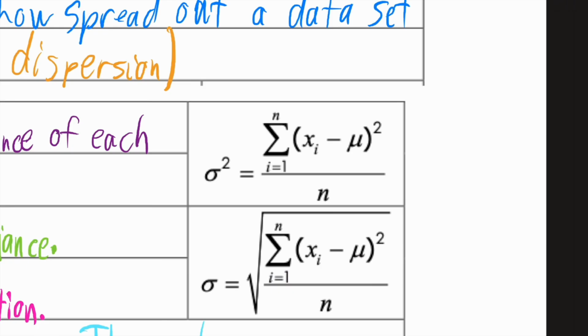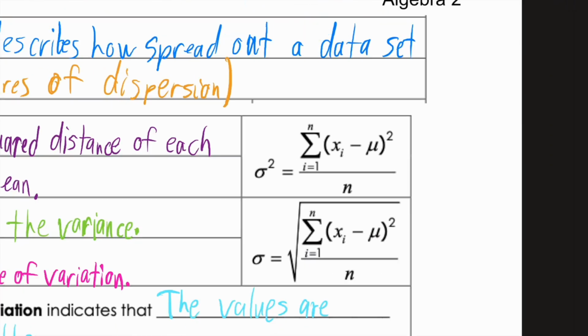And so what you do is you take your mean, that was the mu, or the x bar is the same thing, and you take your individual value, whatever your individual value is, so x sub i or x sub 1 or whatever term you have. You subtract your mean, you square it, so it'll always be positive. You add all of those up, and then you divide by however many things you have. So you find the average of all of those. And that's your variance. And then your standard deviation is you just take all of that, which was your variance, and you square root it. Because your variance and standard deviation are squares and square roots of each other.